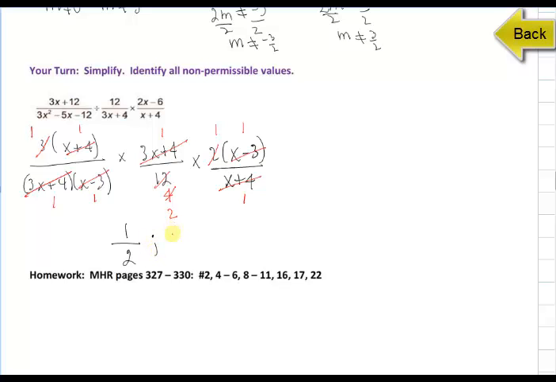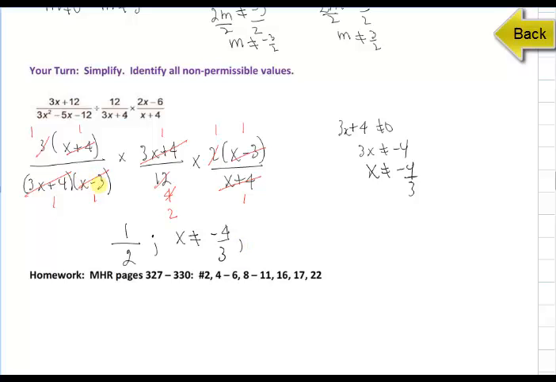And then we can list our non-permissible values, so x cannot be equal to. For the 3x plus 4, you should have gotten 3x cannot equal negative 4, so x cannot equal negative 4 over 3. So one of your non-permissibles should be negative 4 over 3.